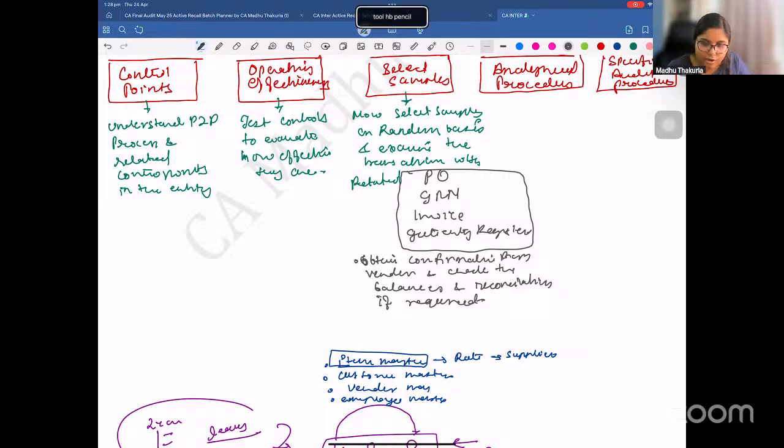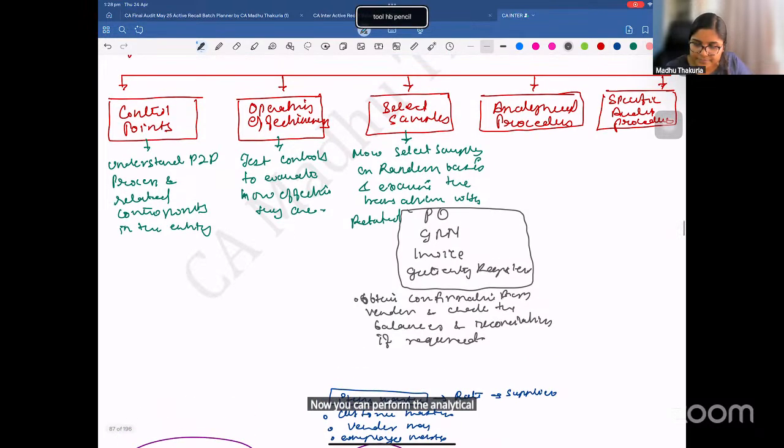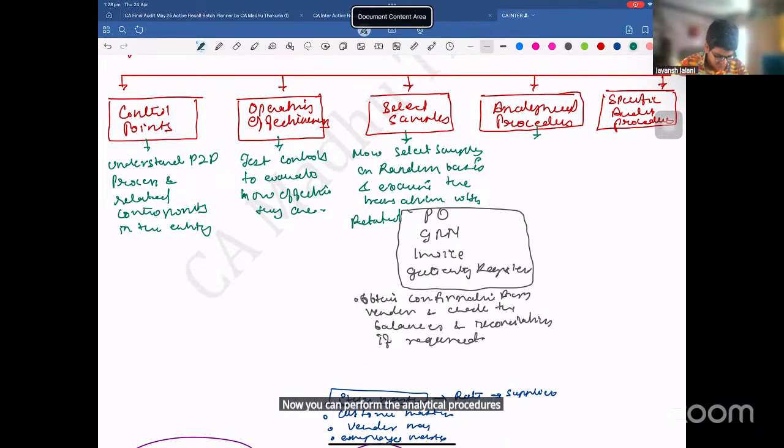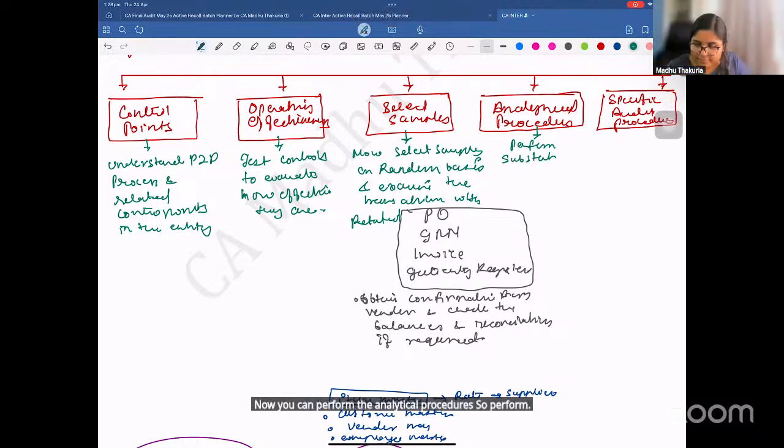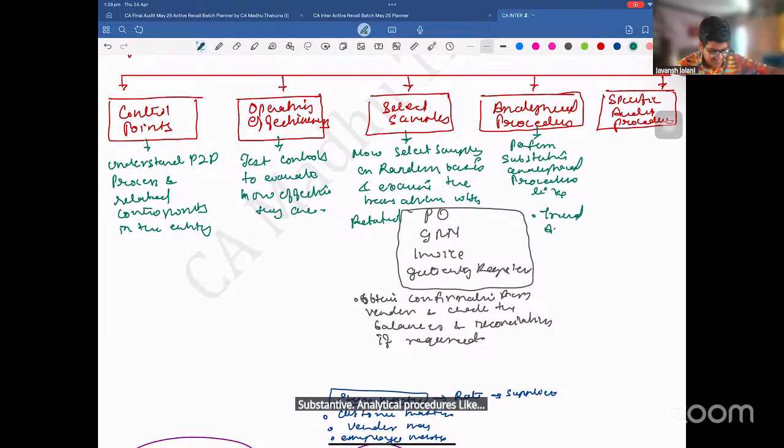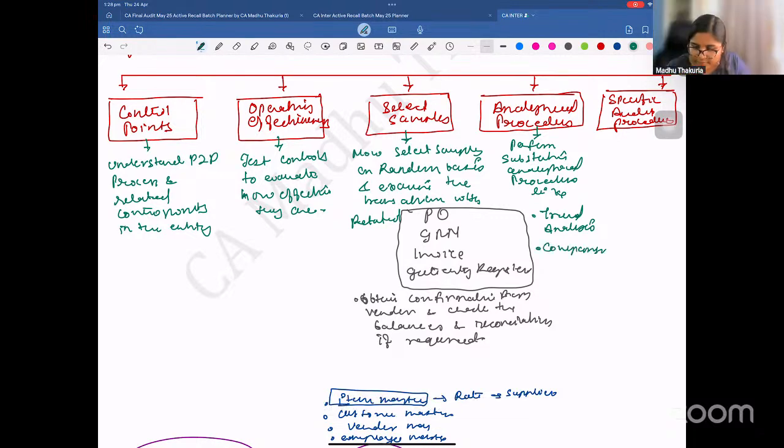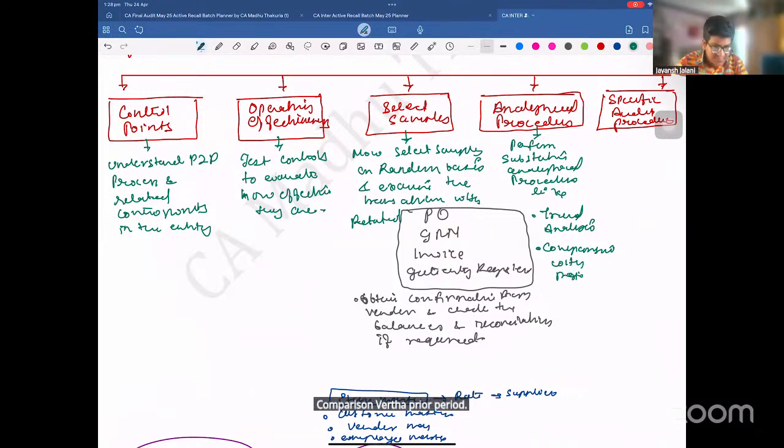Now you can perform the analytical procedures. Yes, sir. So perform substantive analytical procedures like trend analysis, comparison with previous year, prior period.